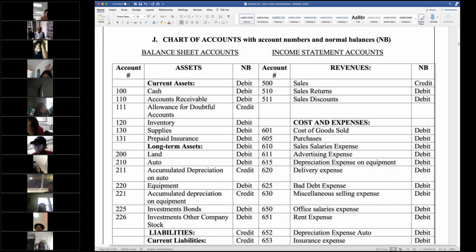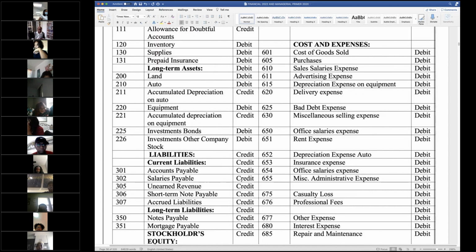This is the chart of accounts. It's very important for you to understand this chart of accounts, and you do all your work in the order of this chart of accounts. Assets first. And I have the normal balance. So an asset, its normal balance is a debit, whether it's a current asset or long-term asset. Liabilities are going to have a credit balance when they get to the trial balance.